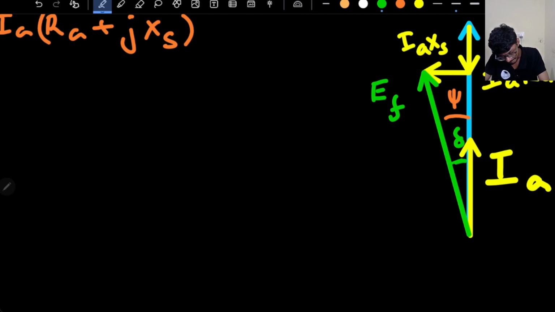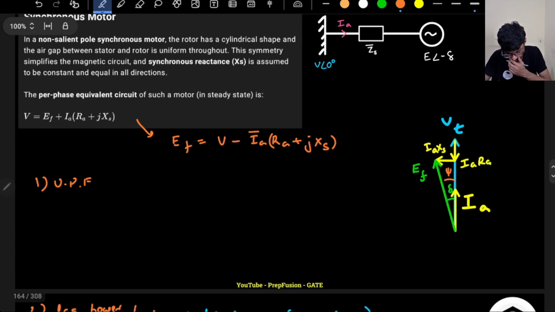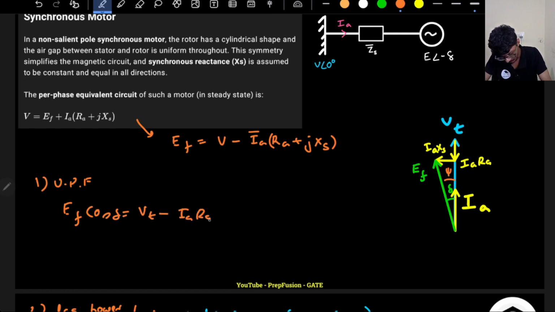Now here, there are two components, one along this and the other along this. So EF cos delta is equal to VT minus IRA, because this overall length is VT, but I am subtracting IRA.